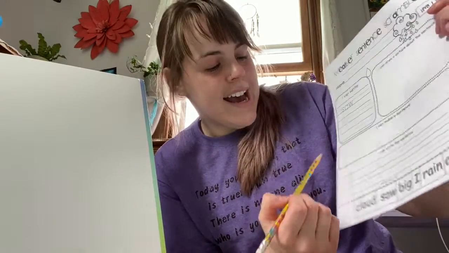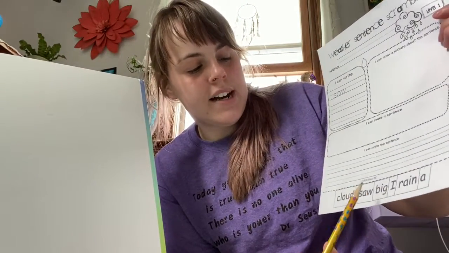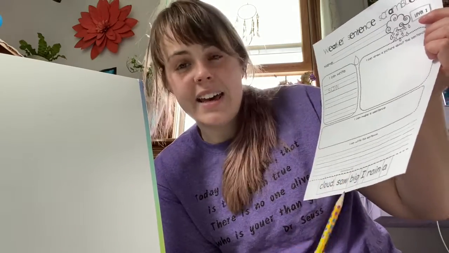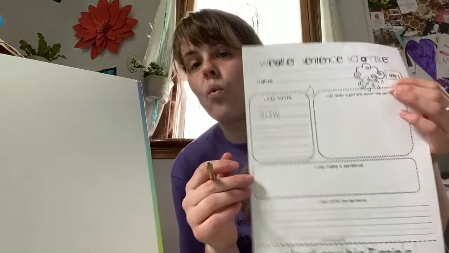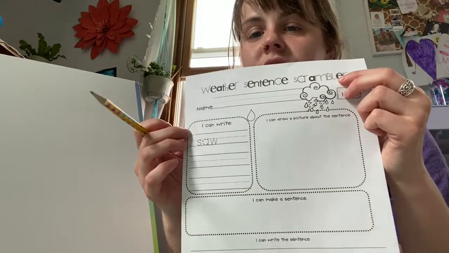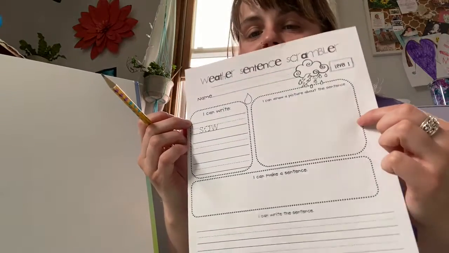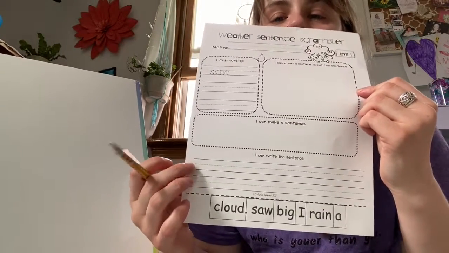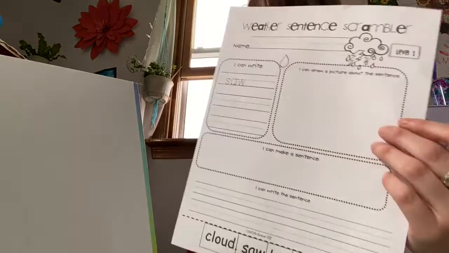So ready? I what? I big, I saw, I cloud, I rain. Let's think about what comes next in that sentence. So you're gonna trace the word saw right here, draw a picture of the sentence, put the sentence together, and then write that sentence once again down here.